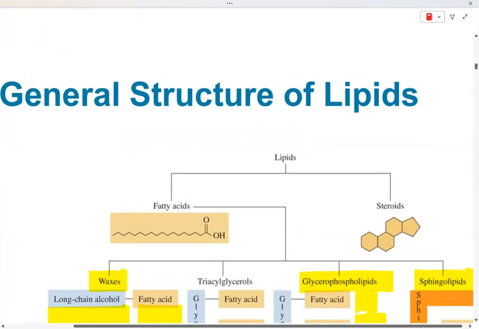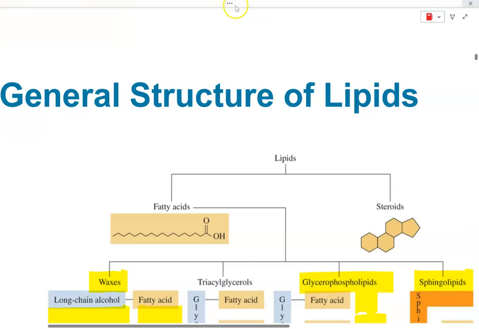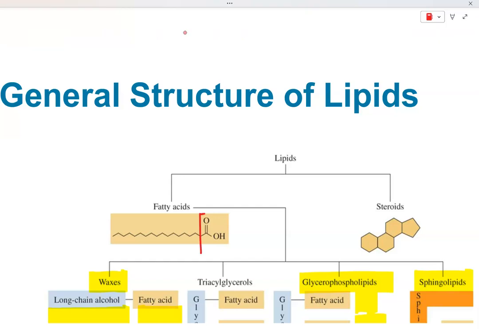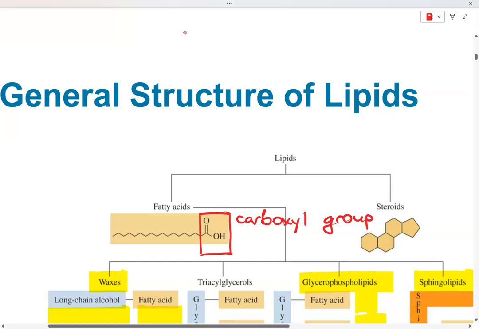So if you look at this formula right here, you can see that a fatty acid can be basically divided into carboxyl group and a hydrocarbon chain.